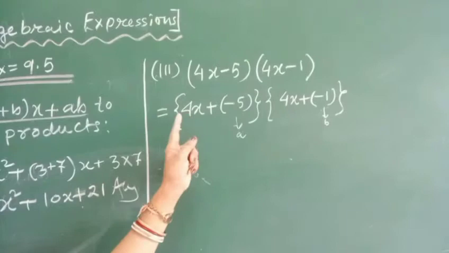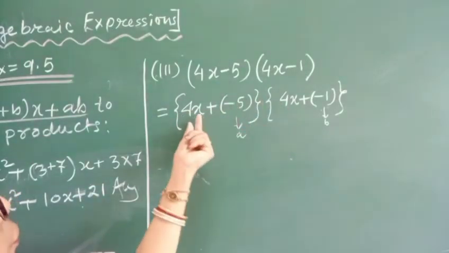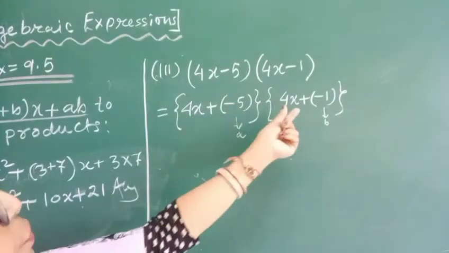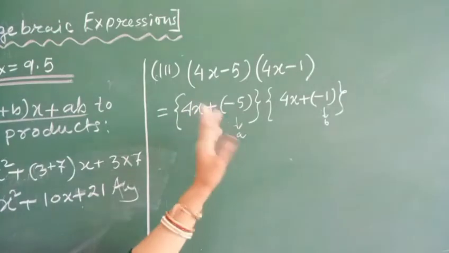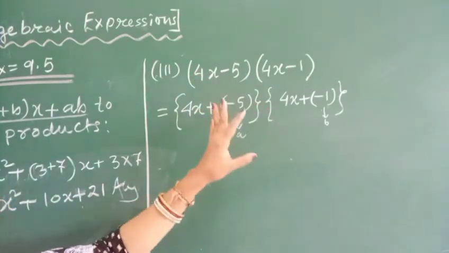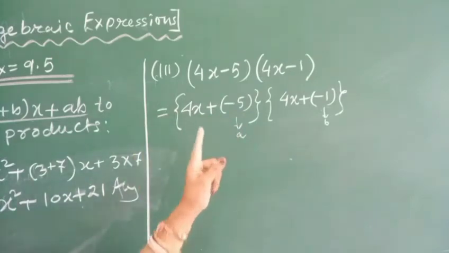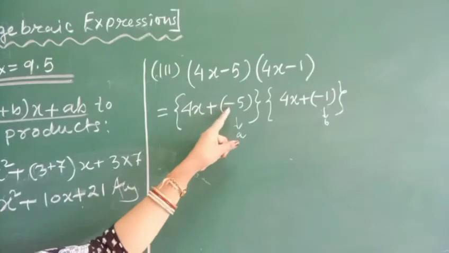See, the first term of the two binomials is the same. The most important thing is that the first term of these two binomials is the same. The second term may have a plus or minus sign. If both the signs are plus, then it is easy to use that identity. But when it is minus also, then we convert the minus in this way.